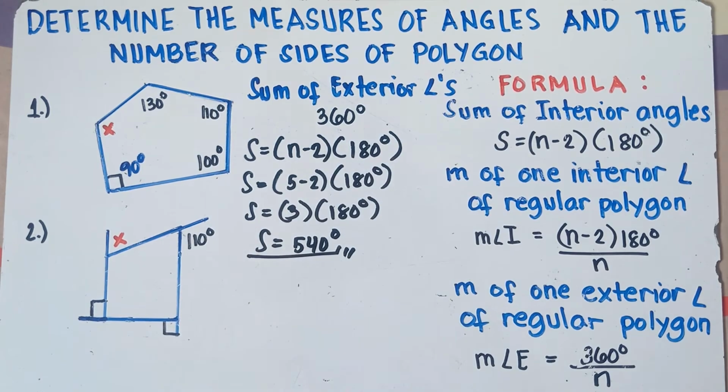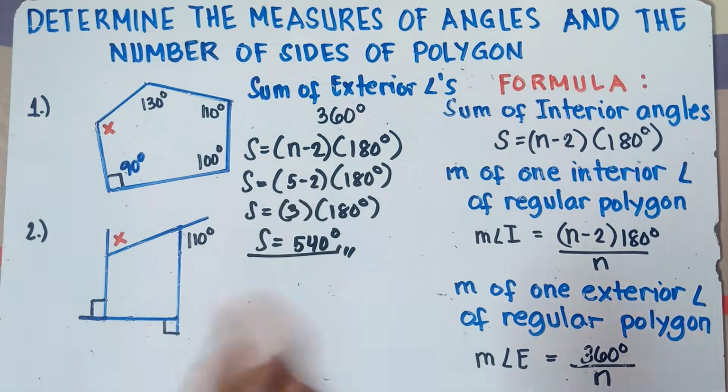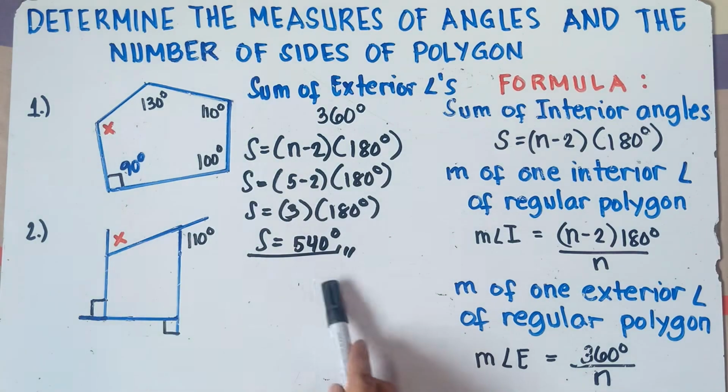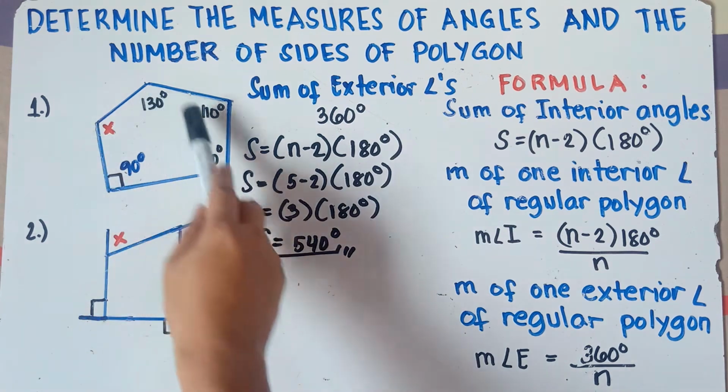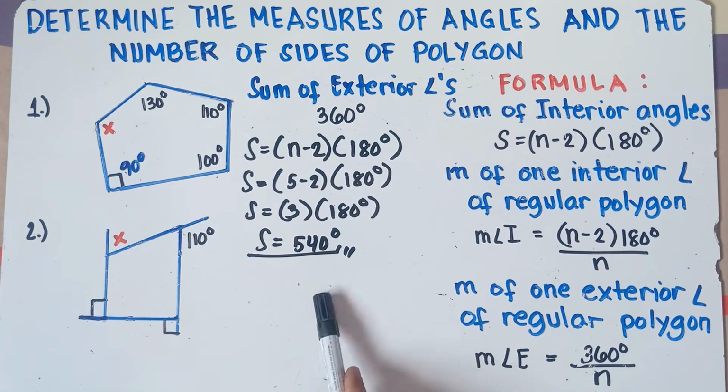Therefore, for any kind of pentagon, if you add the interior angles, it's always 540 degrees. So to get the value of x, we can simply add these up and subtract it from the sum, which is 540 degrees.